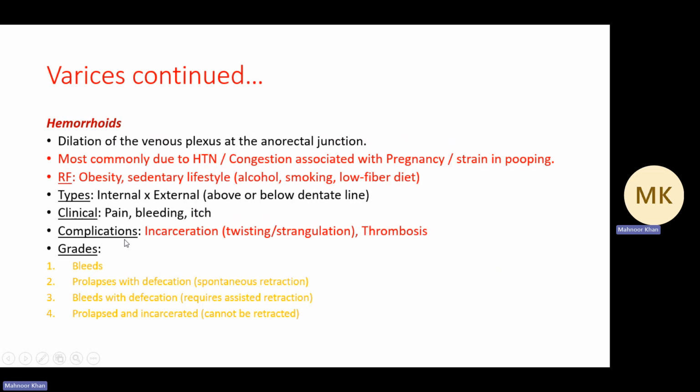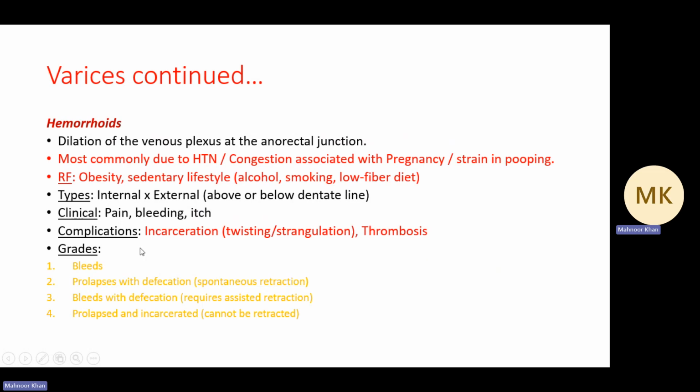What's important here to mention are the complications, without which you cannot complete your answer for hemorrhoids, and your examiner will be waiting for the complications of hemorrhoids. So complications, like in every question, are very important. What are the complications of hemorrhoids? Most common: incarceration, basically twisting and strangulation of your bowel, and thrombosis, which will further cause pain. So it will be very painful.